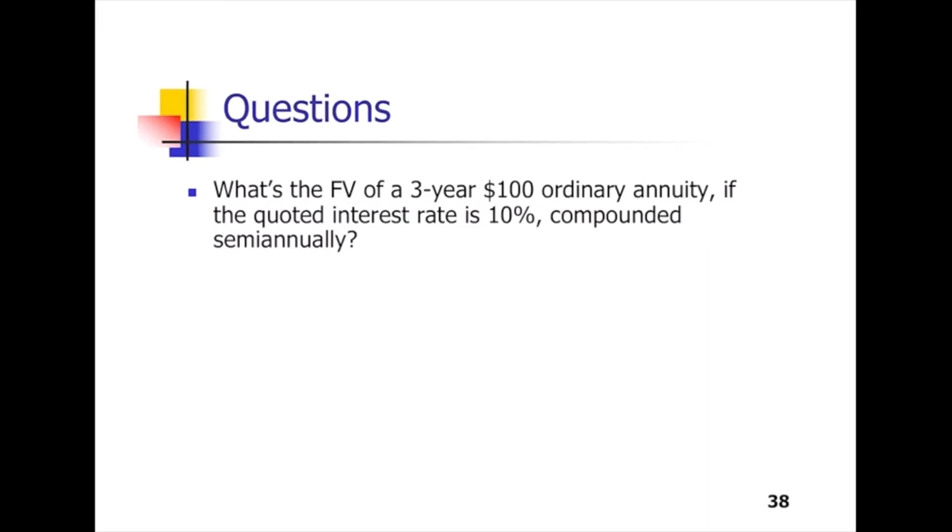This is the second question, but it's tricky. So I recommend you take a few minutes to think about it. A quoted interest rate is 10%. What does it mean? This means nominal rate. But it compounds semi-annually, and a 3-year ordinary annuity.